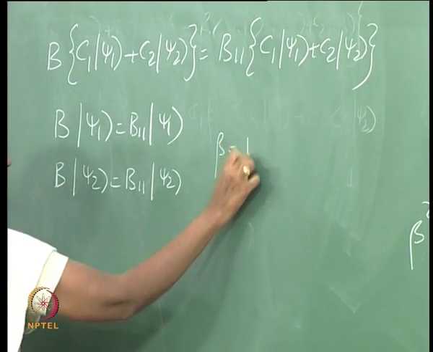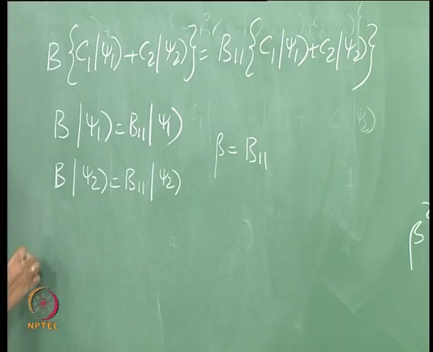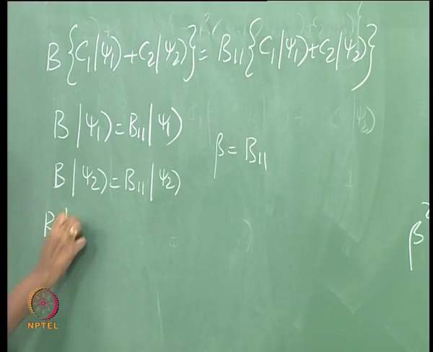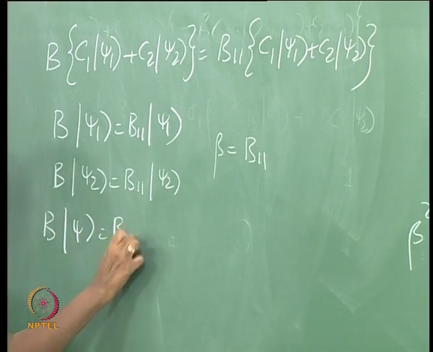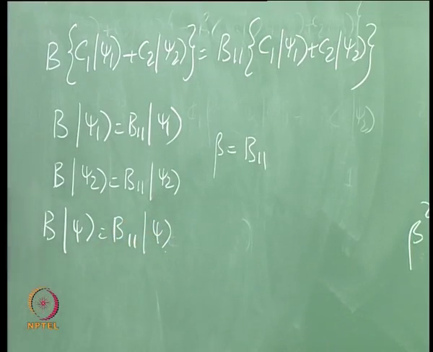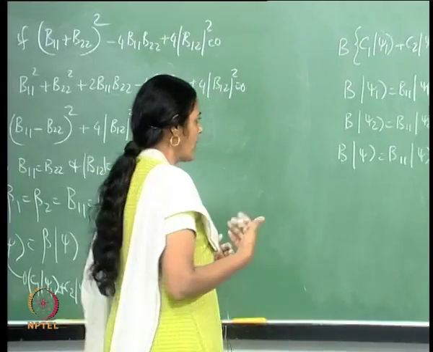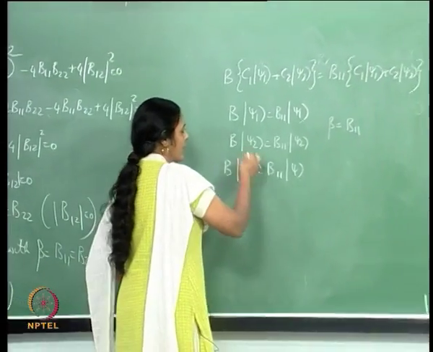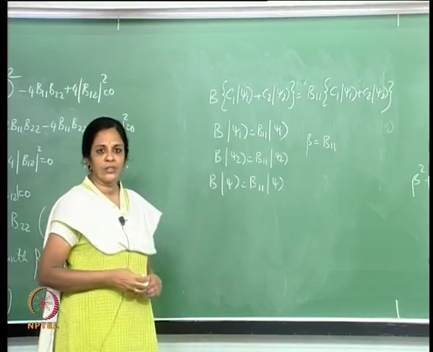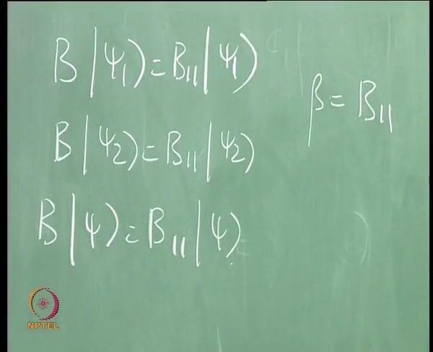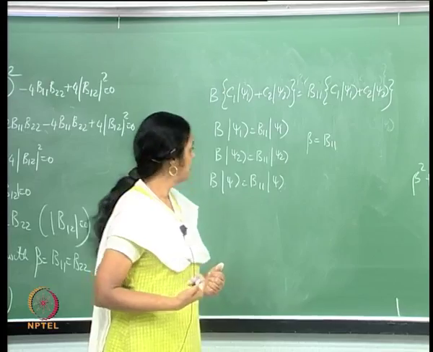Remember the beta was B11 and for any linear combination B psi is equal to B11 psi. In other words, we have shown that with no conditions on C1 and C2, any superposition of psi 1 and psi 2 would also be an eigenstate of B.